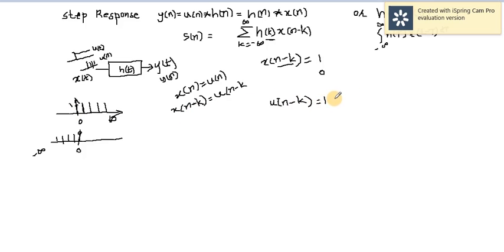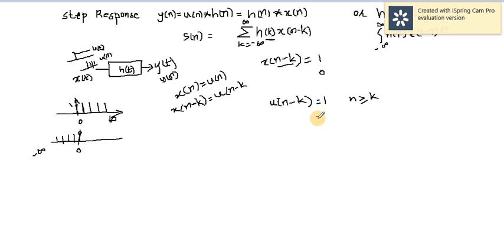So as long as n is greater than or equal to k, we get u of 0 or u of some positive values.